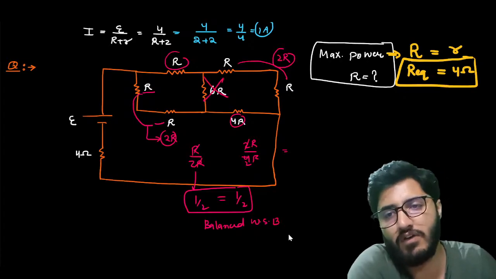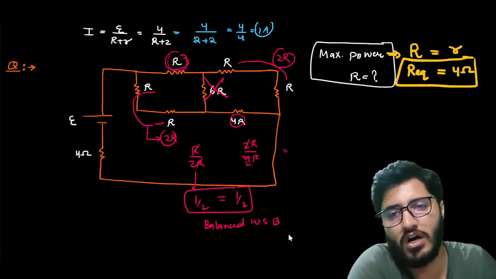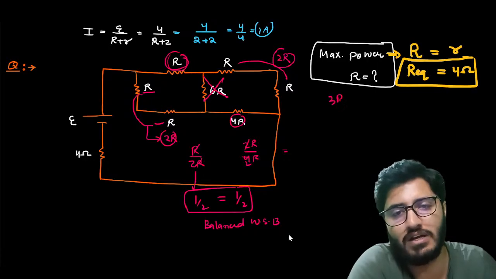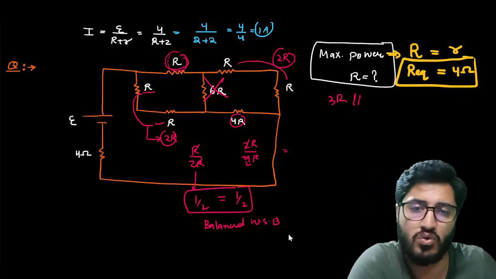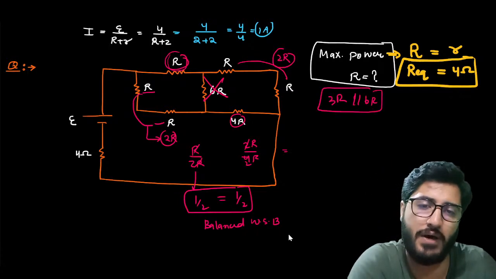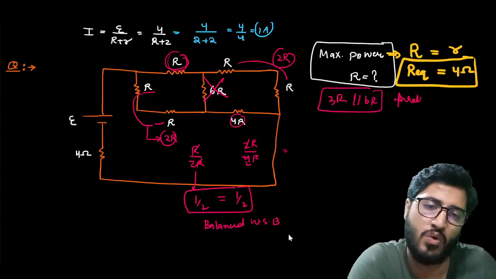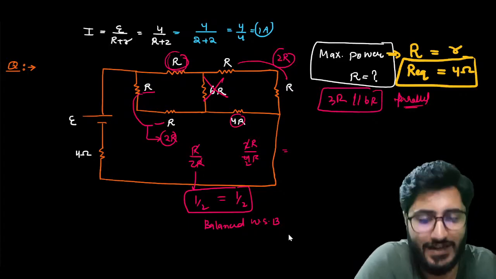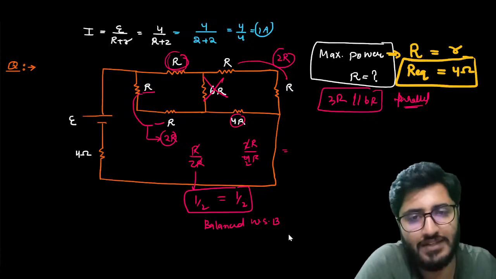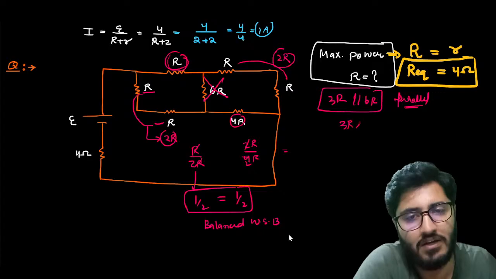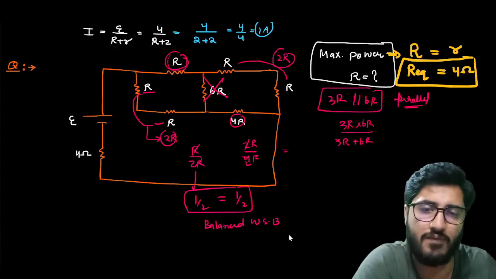What we have now? We have R, we have 2R. 2R plus 1, that is 3R. So we have 3R, here 2R, 4R, 6R. So 3R and 6R, these are in what? Parallel. So what will be the equivalent value of 3R and 6R? It is 3R into 6R divided by 3R plus 6R.